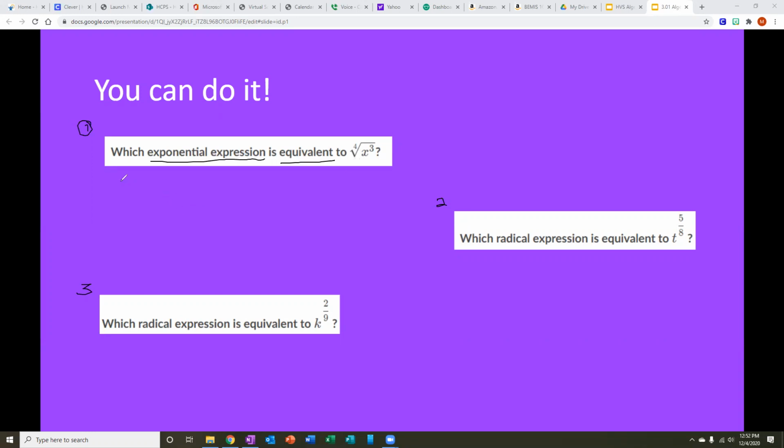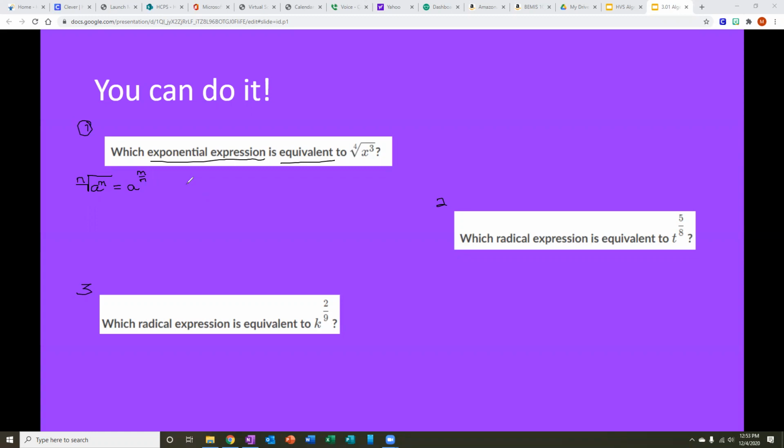Well, I happen to know the rational exponent rule is that the radical sign becomes the fraction bar in a rational exponent. So I am going to use that rule to rewrite the radical sign.